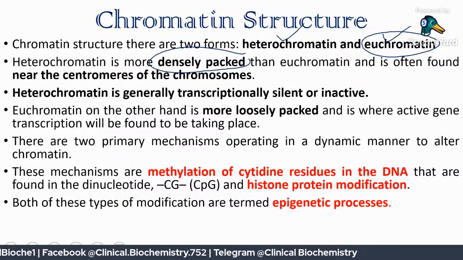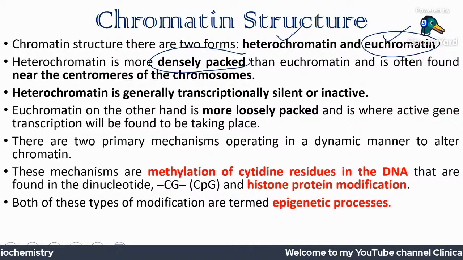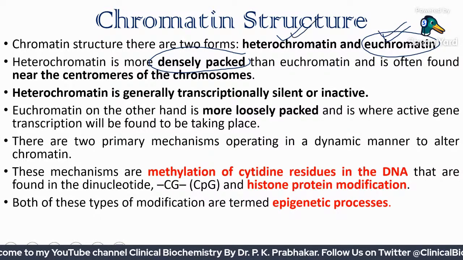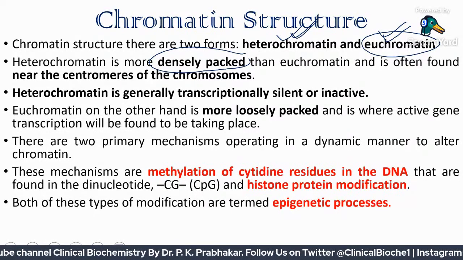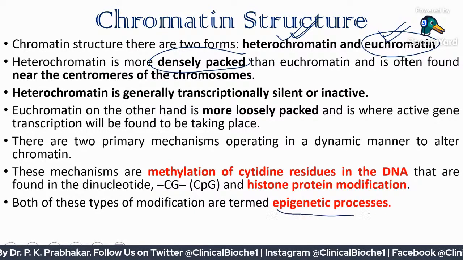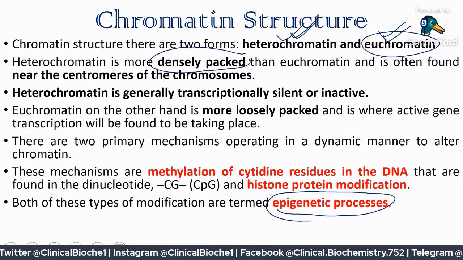I have told you how heterochromatin and euchromatin interchange, how it works. There are different types of chemical modifications which convert euchromatin to heterochromatin and heterochromatin to euchromatin. These modifications we normally call epigenetic processes or epigenetic modifications.